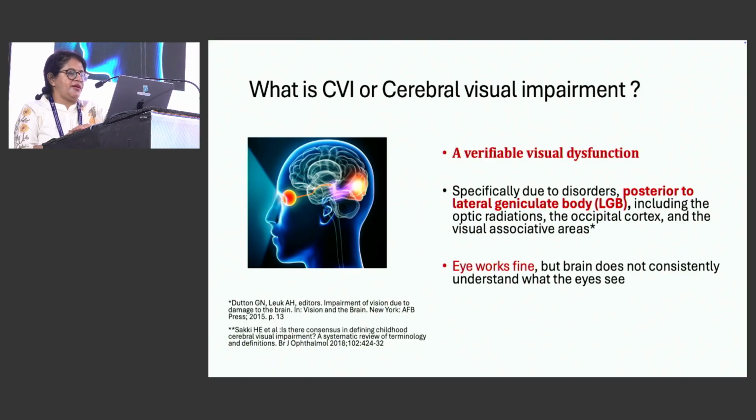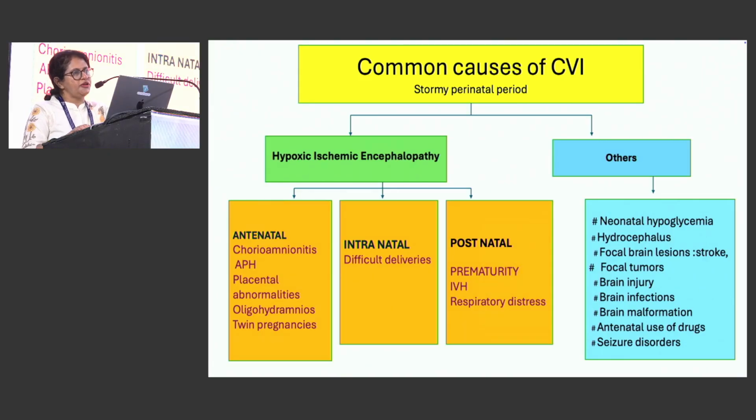So what is CVI? It's a verifiable visual dysfunction specifically due to disorders posterior to the lateral geniculate body. Here the eye works fine, but the brain is not able to understand what the eye sees. So what are the common causes? Most of the children will have a stormy perinatal period.